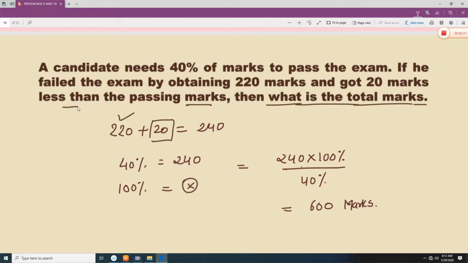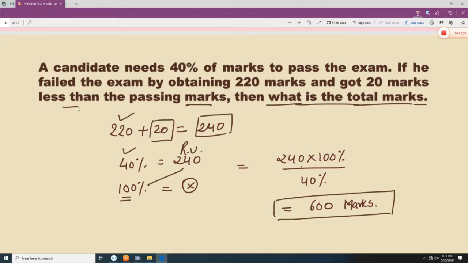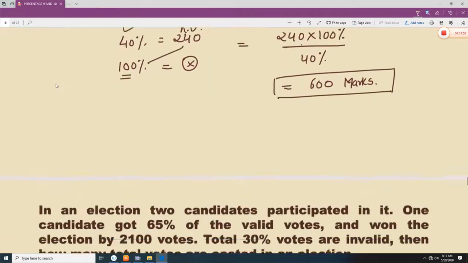It means suppose he got 20 marks more, then he could have passed the exam, and passing marks is 240. This 240 is nothing but the 40%, and this is the real value. So how much is the 100%? 100% into 240 divided by 40%, that is going to come, total marks is 600.